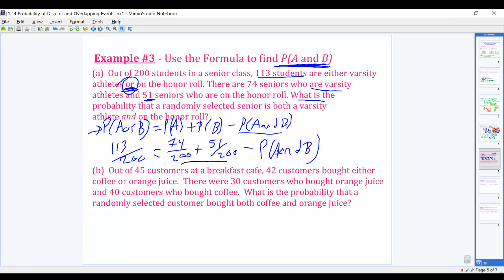Add these up, you should get about 125, and then you subtract that from the 113, and you'll get a negative number, right? But this is going to be negative anyway, so they're both going to turn positive. At the end of your subtracting fractions, you should get 12 out of 200 on one side, and the probability of A and B, I'll just do that for now.